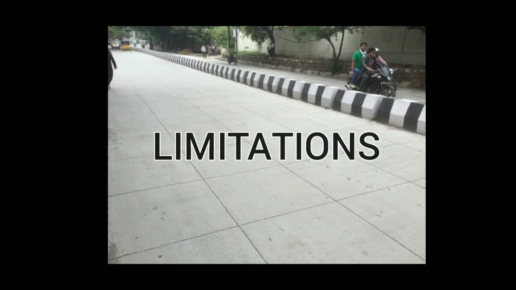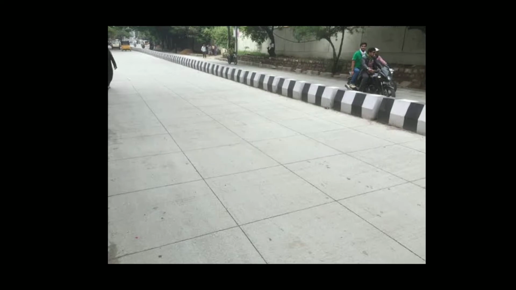And some of the limitations of these rigid pavements are: the design of a CC pavement is to be carried out for a life of 30 years or more in order to reduce the life cycle cost. We already know this point.